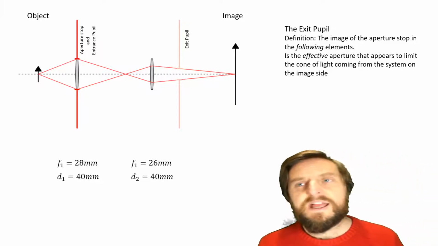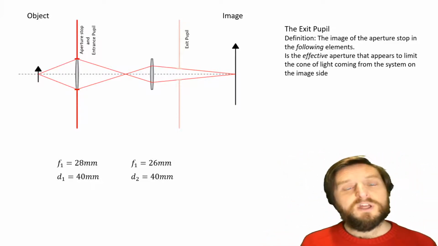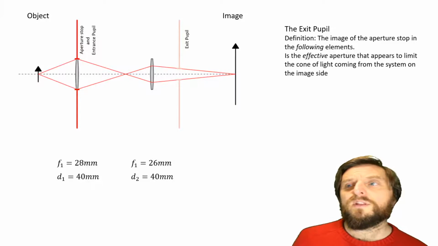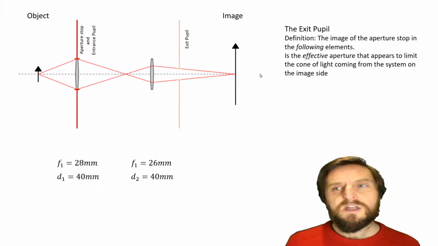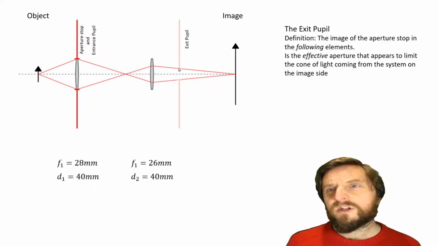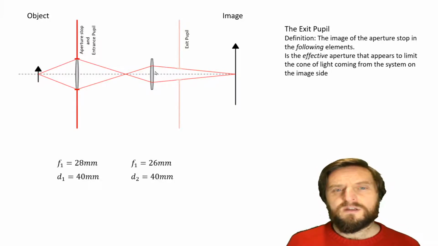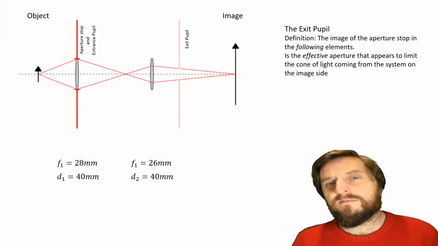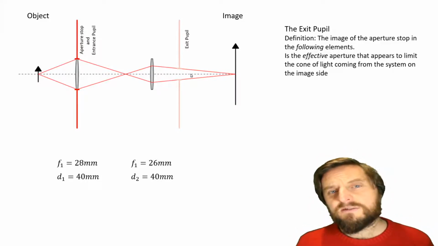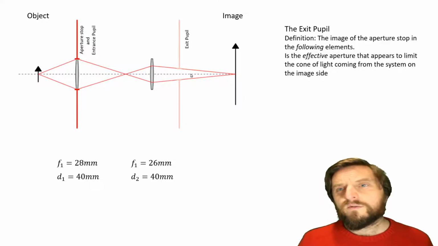So that's the image of the aperture stop looked at from the other direction, from the image side of the system. So if we looked into this pair of lenses from the image side, the aperture stop, which in this case is the first element, would appear to be here. Okay, and again, all the rays of light that leave the system have to pass through the exit pupil on the way out.